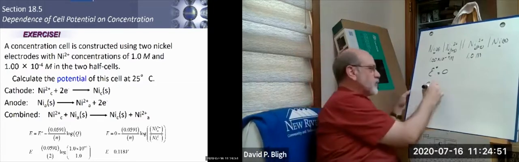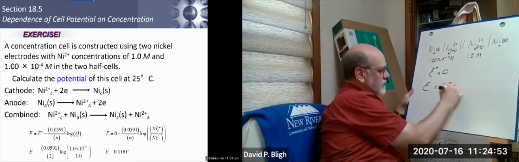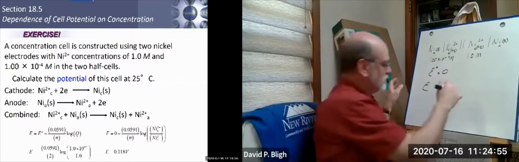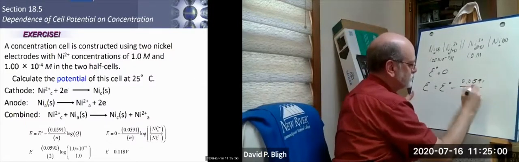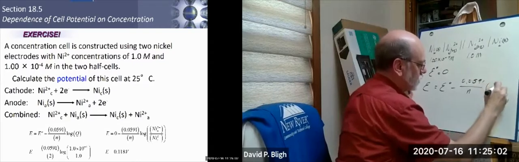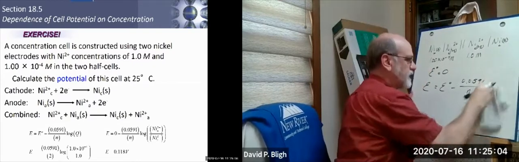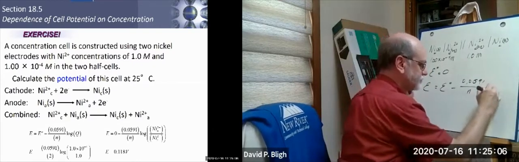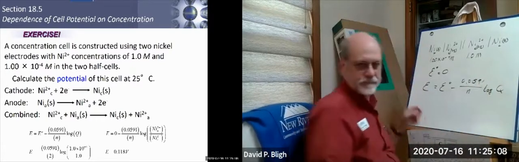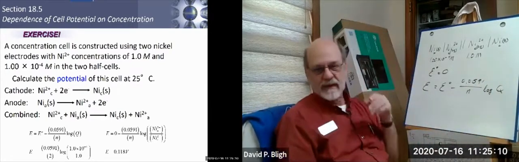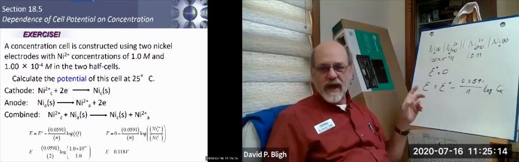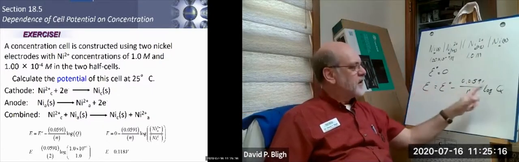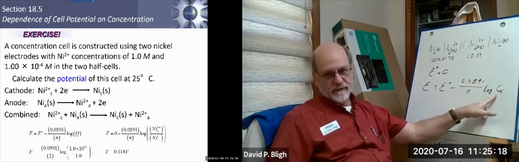Okay. So if we set it up like that, and we just write the Nernst equation, E equals E0 minus 0.0591 over n, common log of Q. Okay. All right. So what we have to do is decide which is which.